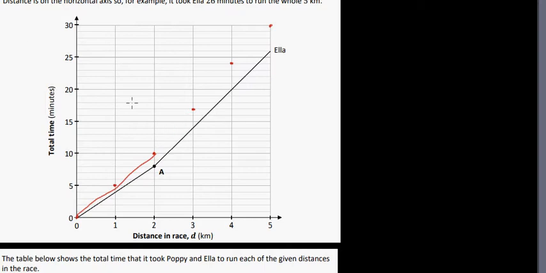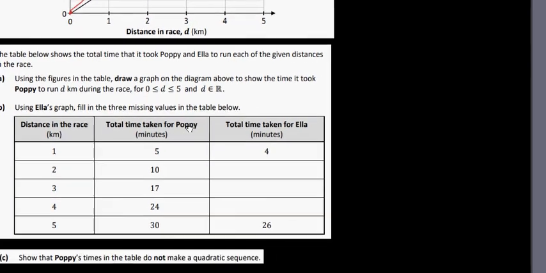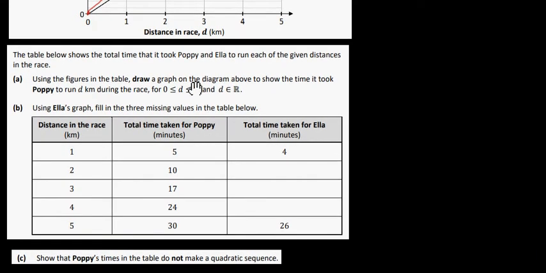Oops, let me just redo that again. So it's going to look something like that. I should have gone through the point here. You can use a ruler or whatever, but you should get a graph something like this anyway. Right, let's move on. You can obviously do a much better graph than me there.